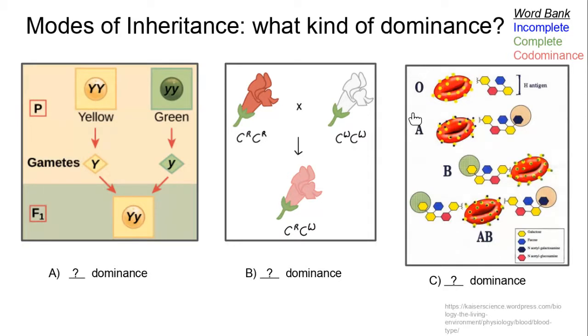But if you had an allele that encodes the O and another allele that encodes A, then you're blood type A. That's complete dominance. Or if you had one allele that encodes O and one allele that encodes B, you're blood type B. So the B is dominant over the allele that encodes O. You're going to see why in the next slide or something like that. Hopefully you found that very interesting.